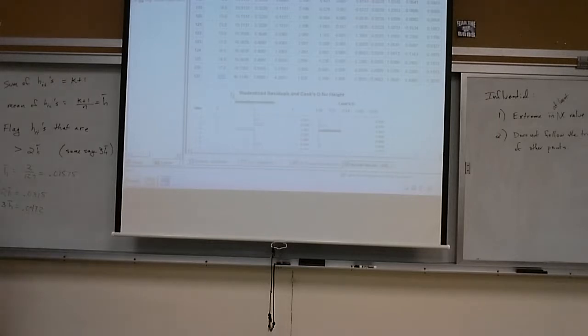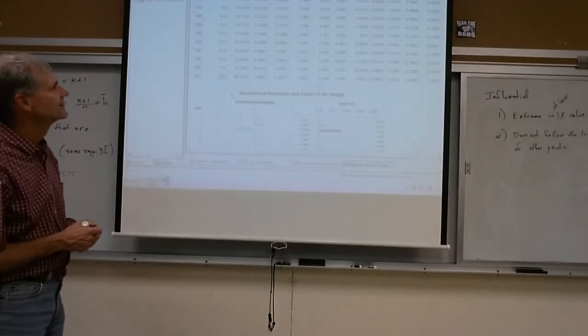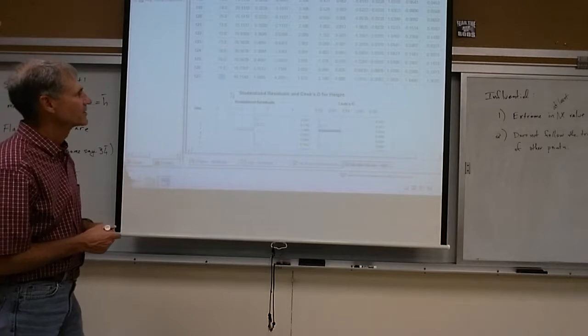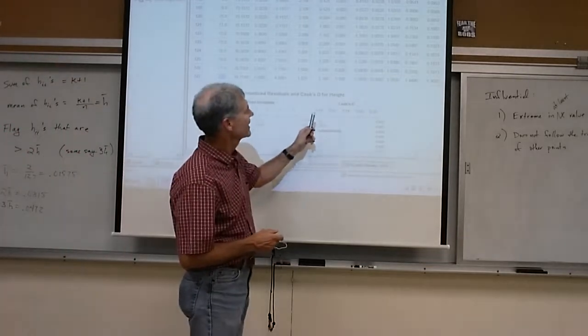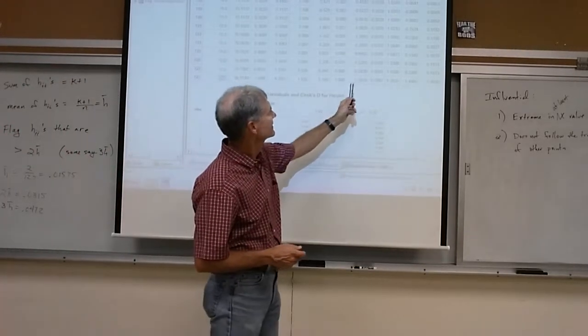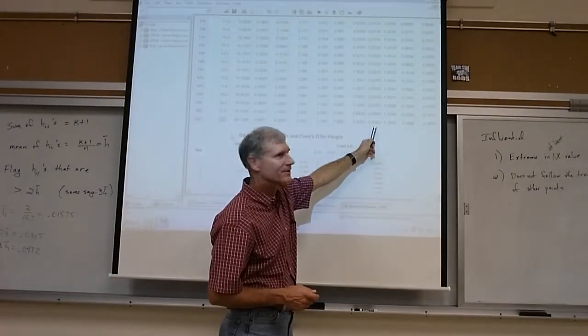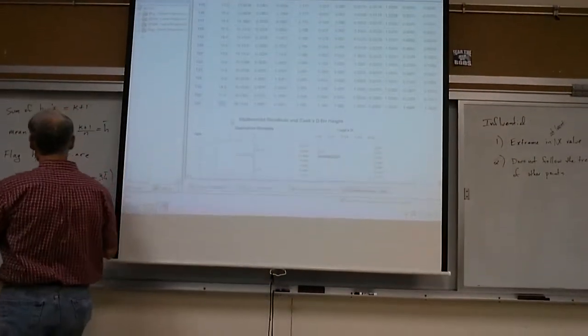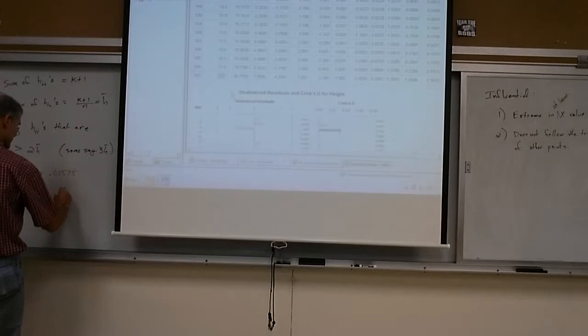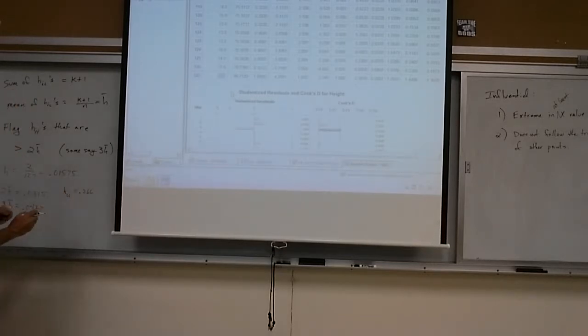What'd you say? Yeah. So this guy, which column is my hat? That one, right? So the hat value is, this guy's H_ii is 0.2662.